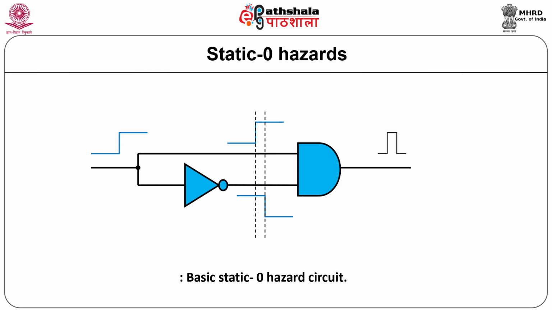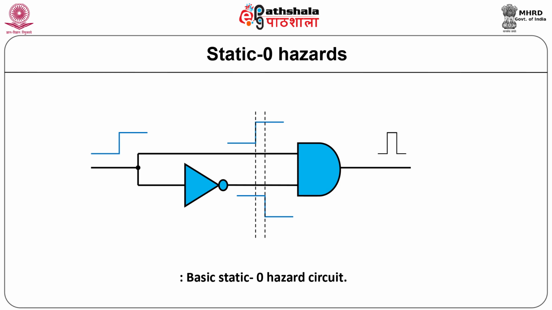Let us consider a simple circuit to demonstrate the static 0 hazards. This circuit consists of an AND gate and a NOT gate. The input signal is applied directly to one of the inputs of AND gate and the other input of the AND gate is obtained through the inverter, that is NOT gate.